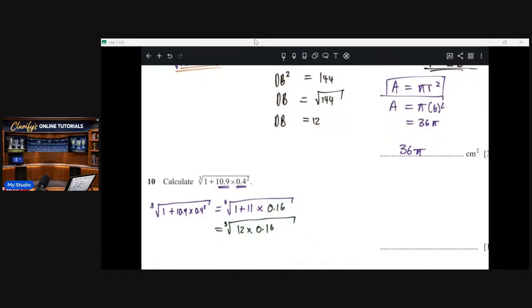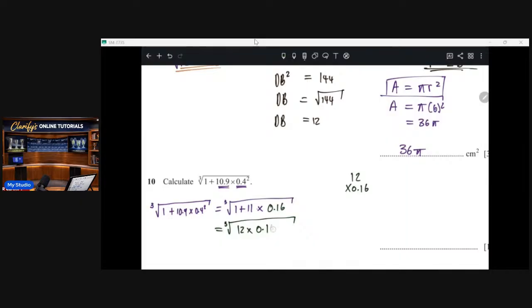Are you seeing how we round off to values that are appropriate, this 10.9, the 0.4 squared, and the 1? 1 plus 10.9, we have made it 11.